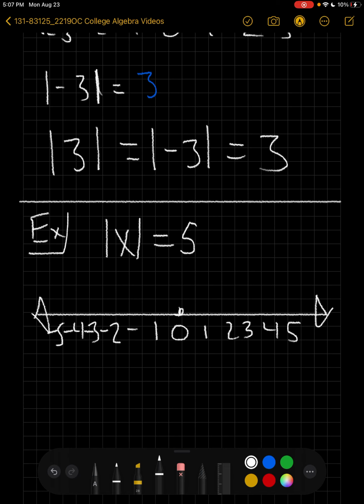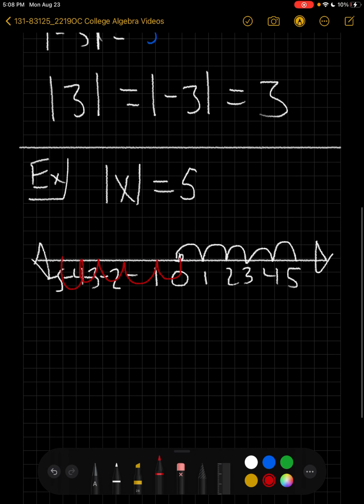So from 0, if I go 5 units in the positive direction, 1, 2, 3, 4, 5, the absolute value of x would be 5. But I could also go 5 units in the negative direction, 1, 2, 3, 4, 5, and that number would also have an absolute value of 5. So the solution to this is x could be -5 or 5.